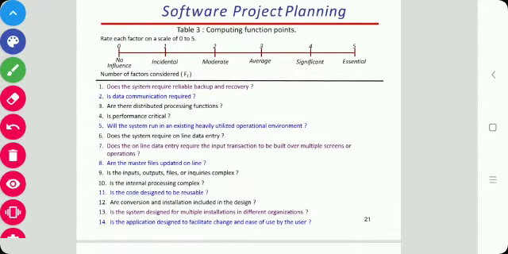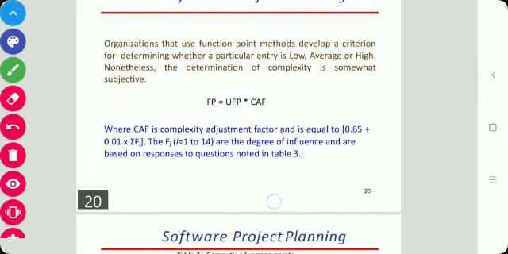These are the 14 points of processing complexity, which are given in this table, and the adjustment factors allow the UFP count to be modified at the most plus or minus 35%.